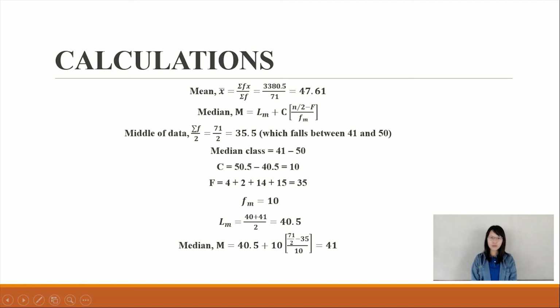The class size is 50.5 minus 40.5 equals 10, and the cumulative frequency is 4 plus 2 plus 14 plus 15 equals 35. Next, the frequency of median class is equal to 10, and the lower boundary of the class containing the median is 40 plus 41 divided by 2 equals 40.5. And lastly, the median that we obtain is 41.